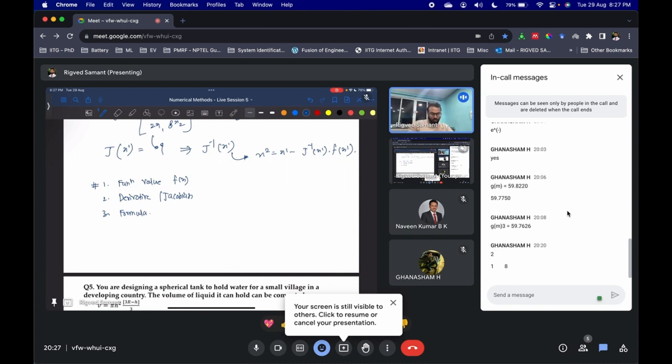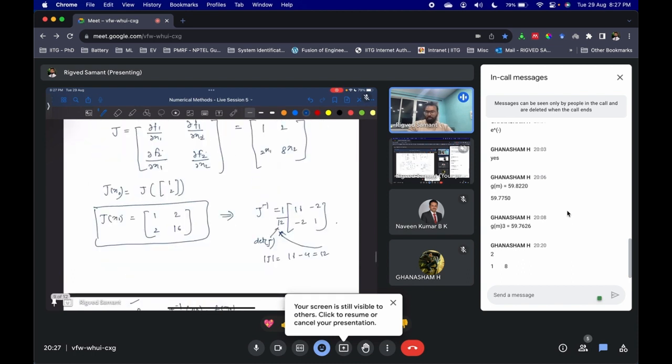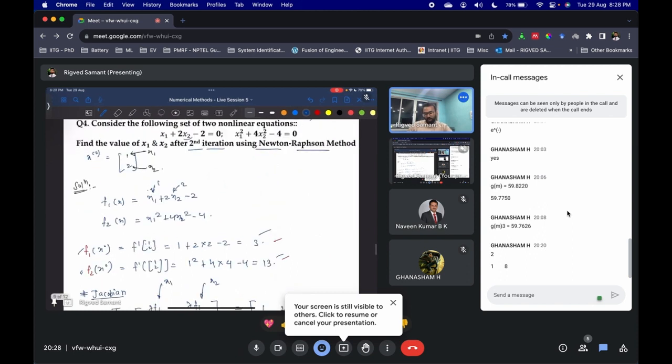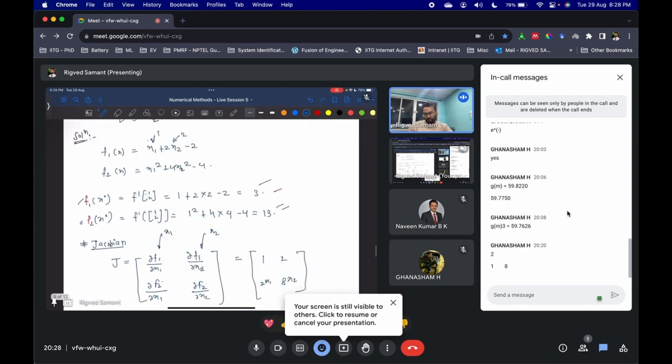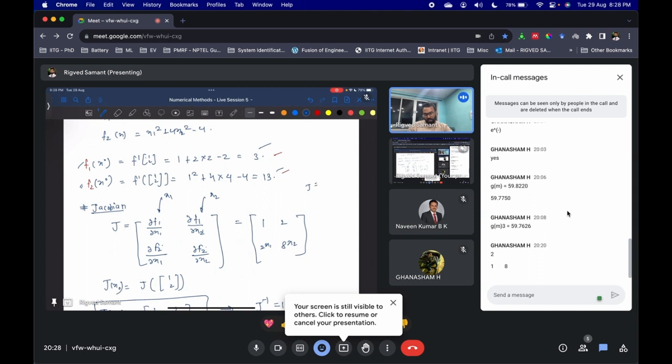Just as the number of systems increases, your Jacobian size will increase, and the number of times each time you have to calculate this f1, how many functions you will have. So for three equations, three unknowns, you will have f1, f2, f3. Jacobian J would be like this: dou f1 divided by dou x1, dou f2 divided by dou x1, dou f3 divided by dou x1.